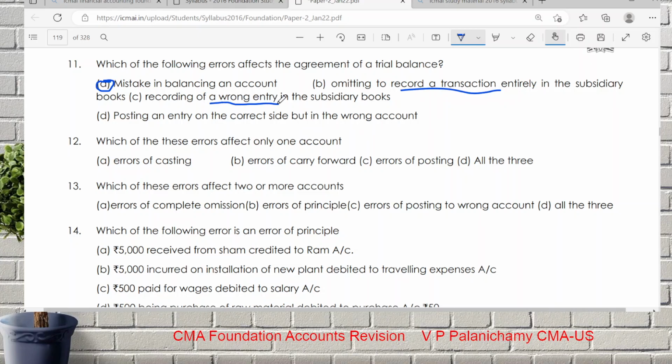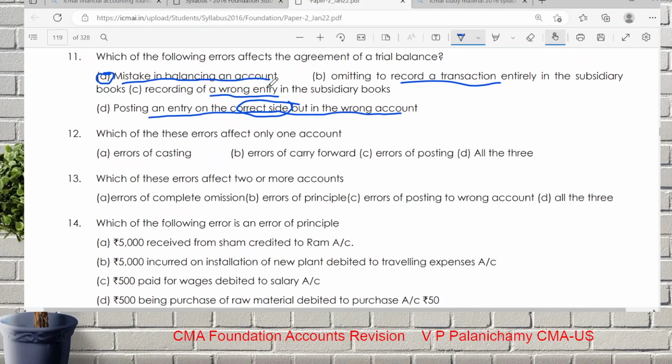Passing a wrong entry also will affect both debit and credit. Anyhow, correct sideல போஸ்ட் பண்ணிட்டீங்க. டெபிட் as well as credit ரெண்டுமே அஃபெக்ட் ஆனா ட்ரையல் பேலன்ஸ் டாலி ஆகுமா? ஆகும். டெபிட்லயும் போடல, கிரெடிட்லயும் போடல. அதர்வைஸ் ஒரு அக்கௌண்ட் டெபிட் பதிலா இன்னொரு அக்கௌண்ட் டெபிட் போட்டிருக்கோம். இதனால ட்ரையல் பேலன்ஸ் ப்ராப்ளம் ஆகாது. It will tally. ஒரே ஒரு அக்கௌண்ட்ல பேலன்சிங் பண்ணதுல மிஸ்டேக் பண்ணா, ட்ரையல் பேலன்ஸ் will not tally.